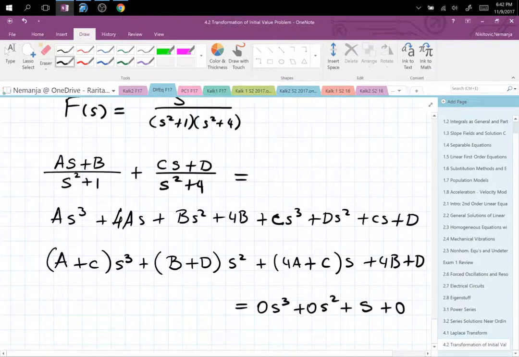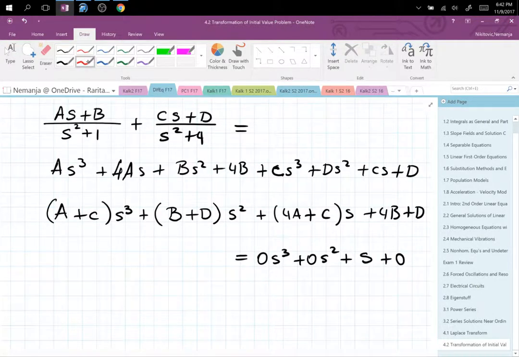The reason why I put all of these 0 terms in as placeholders is because we have to put these guys together.